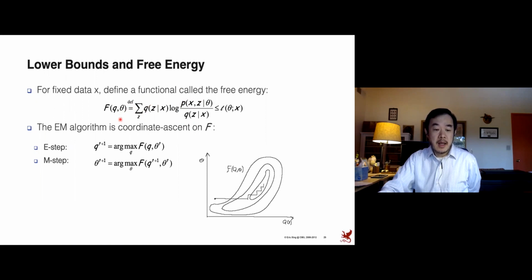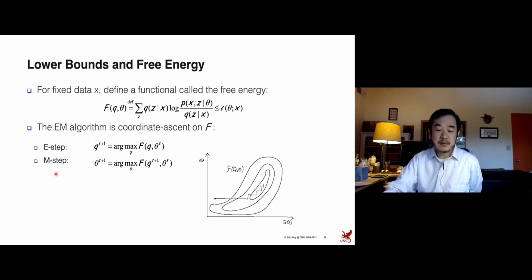I claim that in the EM algorithm, in each E step, you are trying to find, in the space of all possible Q distributions, where Q is the distribution of the hidden random variable Z, the best such distribution that maximizes this lower bound, the free energy function. And you hold the other dimension, theta, the parameters of the distribution, fixed.